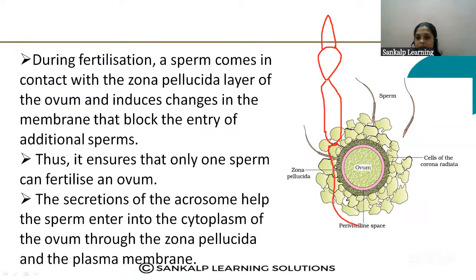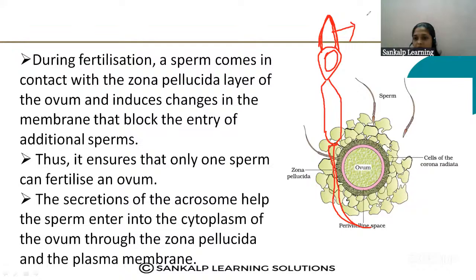Just imagine this is the structure of the sperm. Here in the head region, you can observe the nucleus, and this part, especially the triangular shape part, is called what? Just write down your answer in the comment box. What is the triangular shape structure present in the head region called?